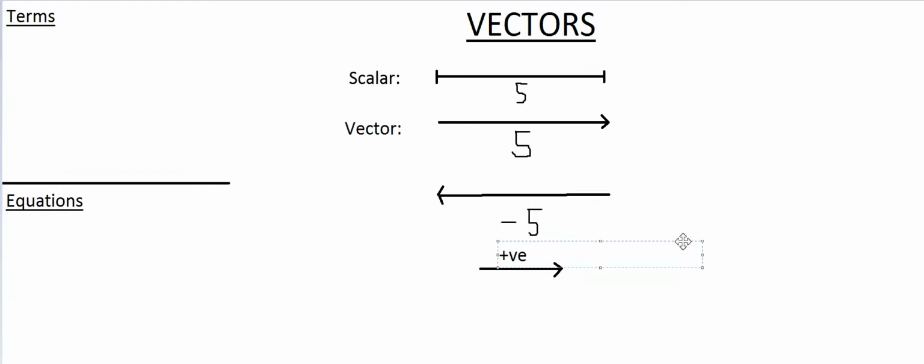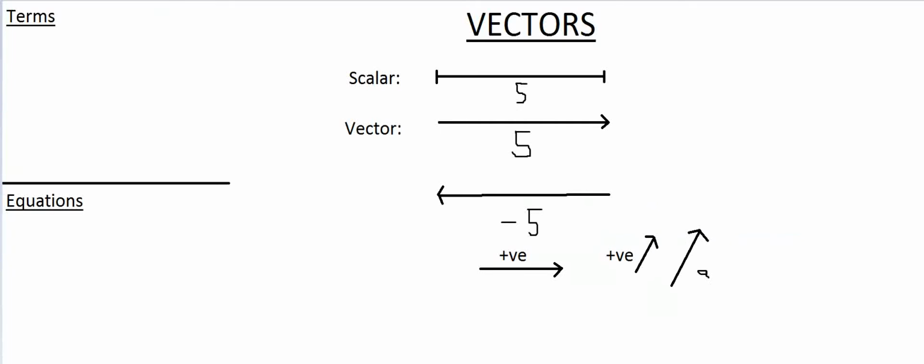Note that you can define any direction to be the positive direction. So let's say you define this to be the positive direction, and this vector has a magnitude of, say, a.